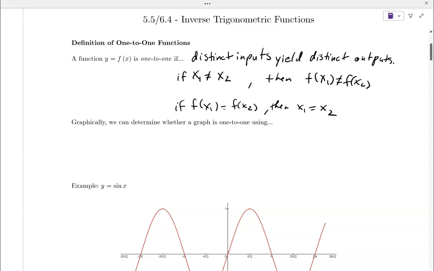Notice I flipped the statement around and made them positive statements, rather than negative statements. Thinking about it in words again, if you got the same thing out, you must have plugged the same thing in. The reverse idea of what we were thinking. In general, though, distinct inputs give you distinct outputs is 1 to 1.